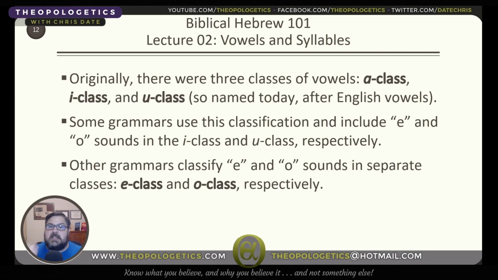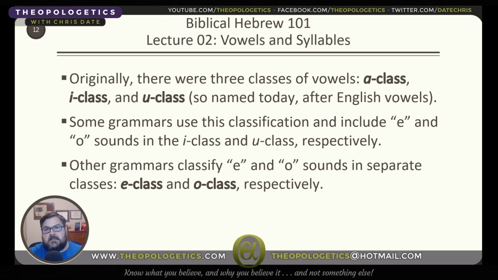Other grammars, including the Basics of Biblical Hebrew, classify E and O sounds in separate classes, the E class and O class, respectively. So depending upon which grammar you're using, which resources you're reading, you're going to encounter either three classes or five. Basics of Biblical Hebrew is using the five-class system, A, E, I, O, and U. But just know that in some resources you will find them referring to just three classes, A, I, and U, in which case they will include the E sounds in the I class and the O sounds in the U class.